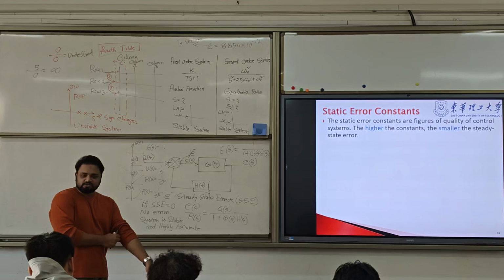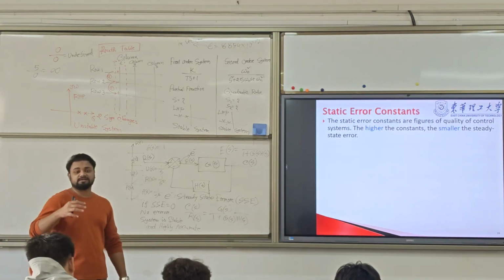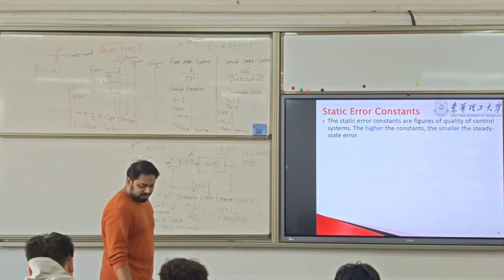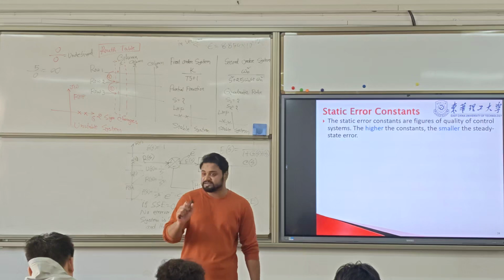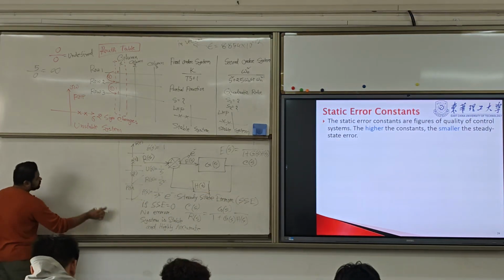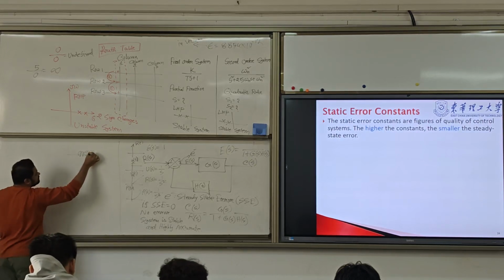So to calculate the steady state error, we need to know about different constant values that are called the static error constants. Let me tell you in detail about these static error constants. Suppose I am having a spring.